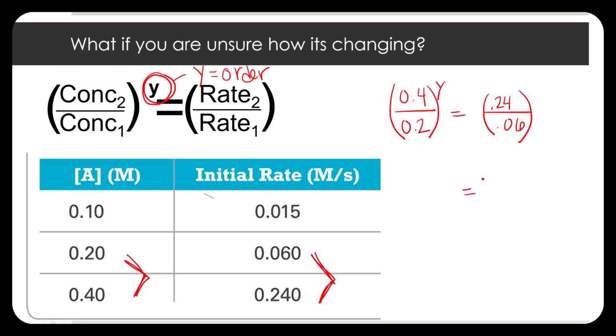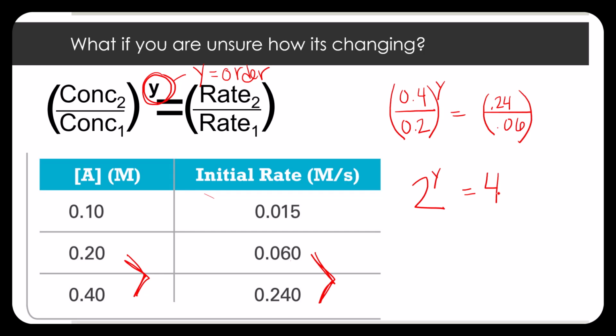So now let's just clean this up a little bit by throwing it into our calculator. So 0.4 divided by 0.2, that gives me a value of 2 raised to the y. And then 0.24 divided by 0.06, and that gives me a value of 4.